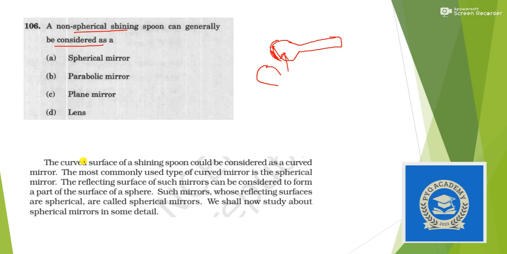This is also given in NCERT: the curved surface of a shiny spoon could be considered as a curved mirror, and the most commonly used type of curved mirror is the spherical mirror. Okay, so the answer is spherical mirror, not parabolic, and plane and lens are not at all.